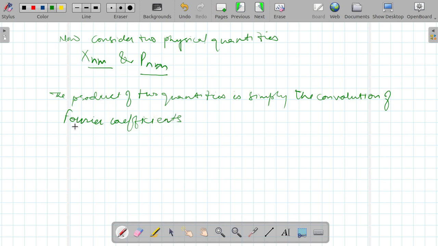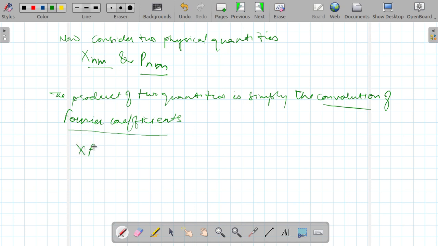You can read about the convolution of Fourier coefficients in any book on Fourier transform or Fourier series, and these two quantities basically evolve with time, and their product pair can be found simply by using the convolution of Fourier coefficients.